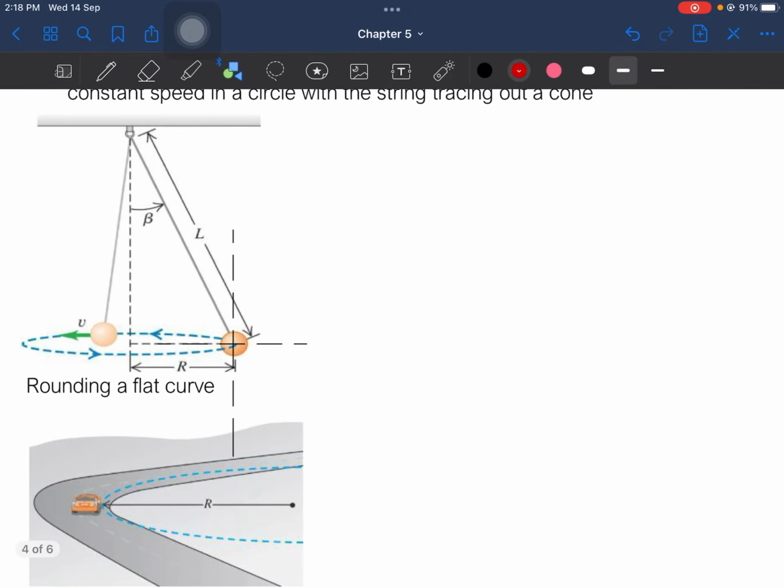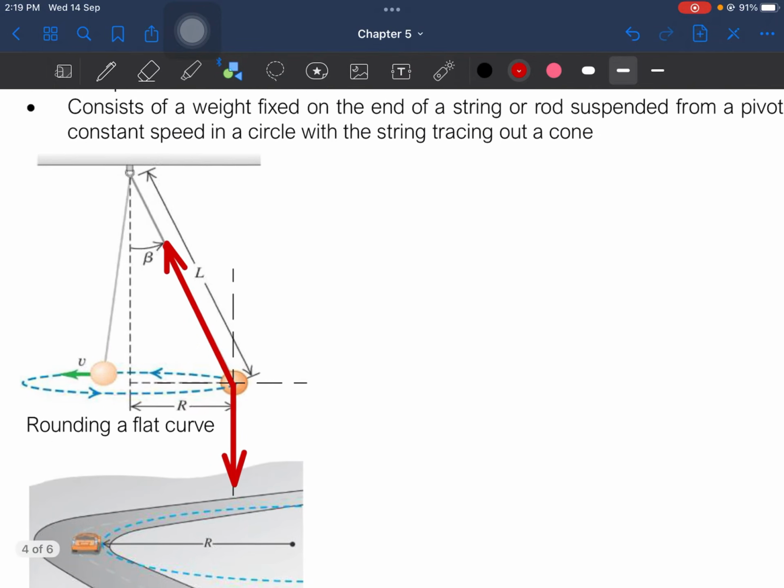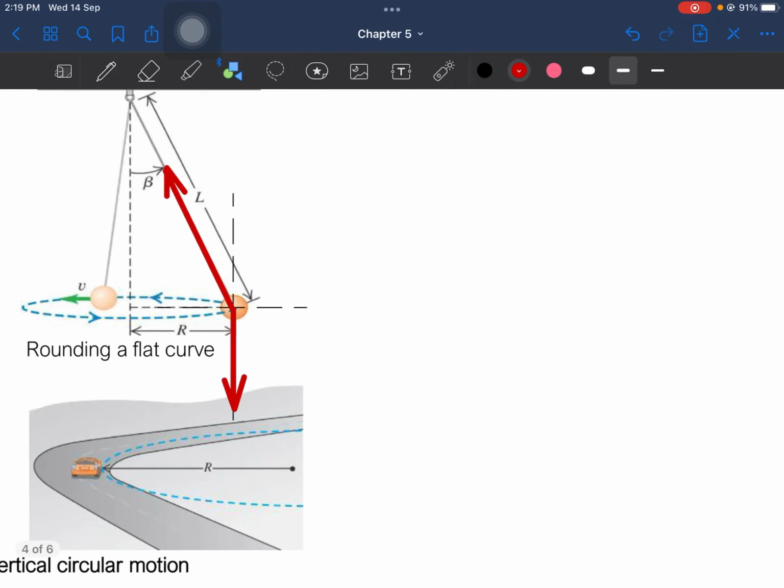If we draw it, we get the tension here, and then we have the weight of the bob. And then what else? That should be it, right? Those are its only forces. So you label mg.